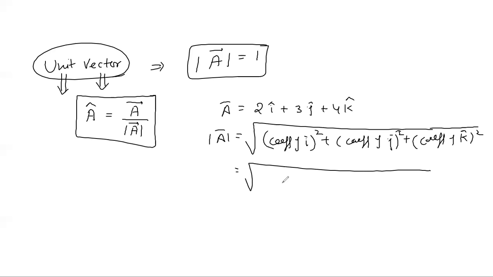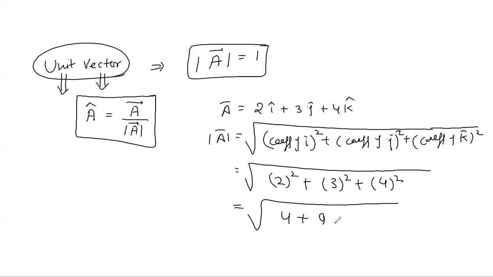So the coefficient of i cap is 2, so 2 whole square plus 3 whole square plus 4 whole square. So what we get, 2 square 4 plus 3 square 9 plus 4 square 16. So the mod of A equal to under root 29.